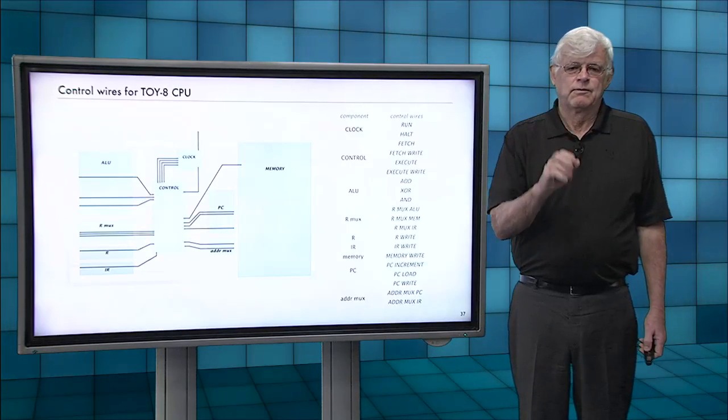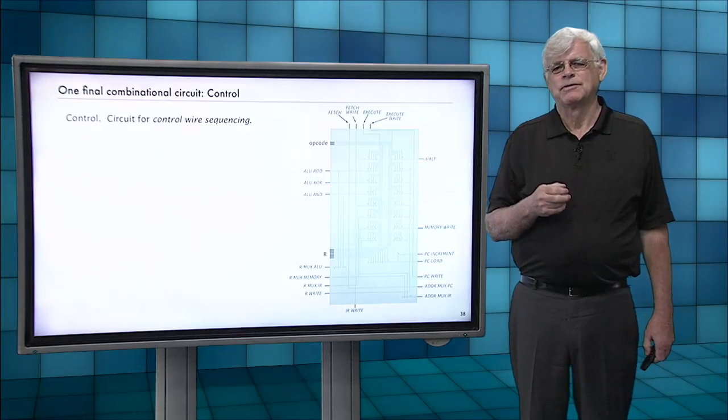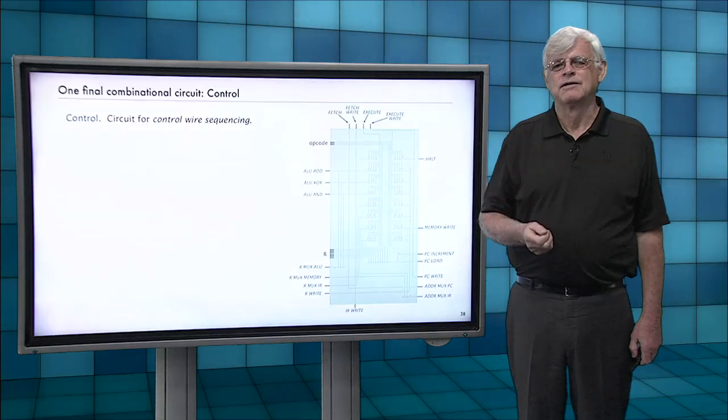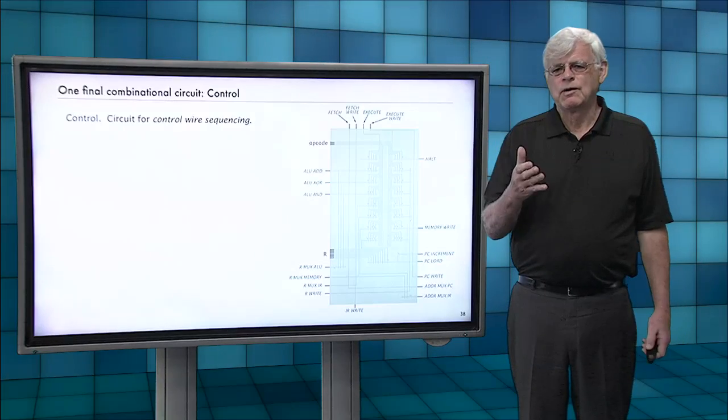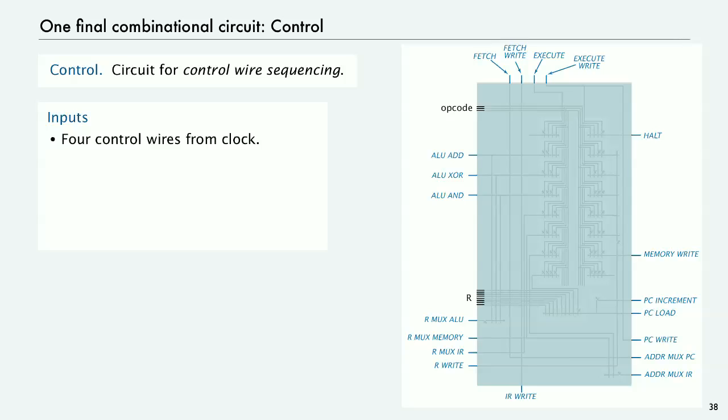So those are the wires that we have to lay out, and the last thing we have to talk about is control. That's a circuit that does the control wire sequencing. We get the behavior we want by lighting up these control wires in particular sequences. So the inputs for control are the 4 wires from the clock, and those come in at the top.